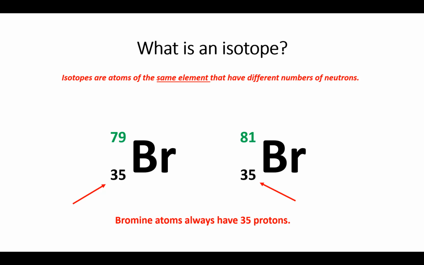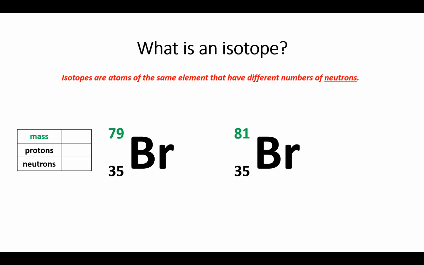Can we break this down and make it look a little bit more understandable in terms of what happened to the neutrons? Let's use a cute little chart to stay organized. On the left-hand side, the isotope of bromine that has a mass of 79. It also has 35 protons, as we can tell.